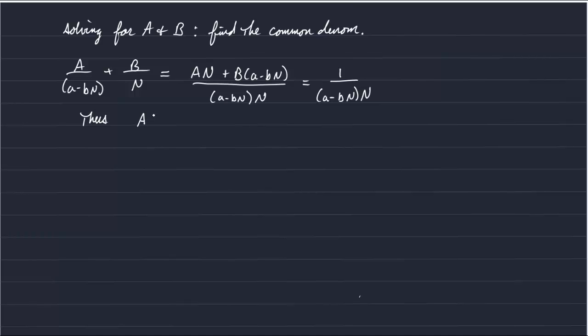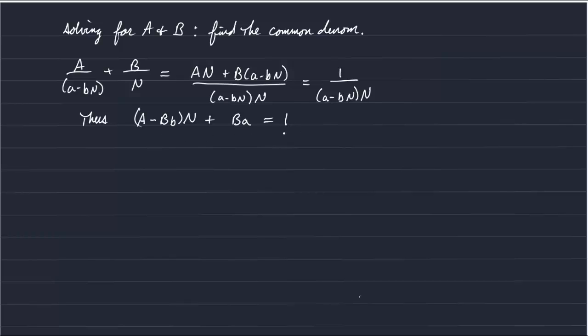I'm going to collect terms that are products of n, so we have (A minus big B times little b) times n plus big B times a. That has to be 1. This again is the numerator just rearranged to collect terms proportional to n.